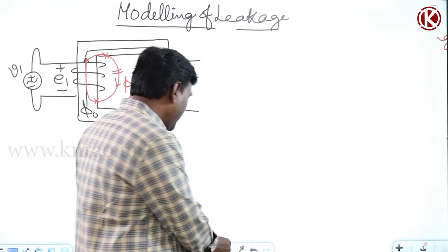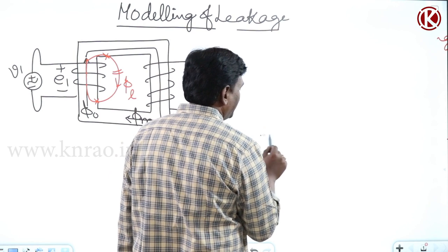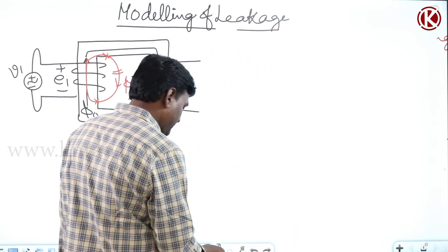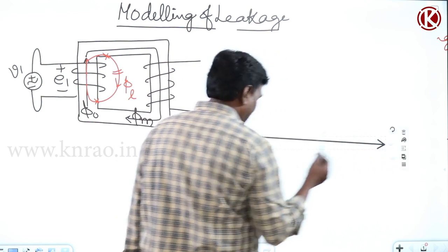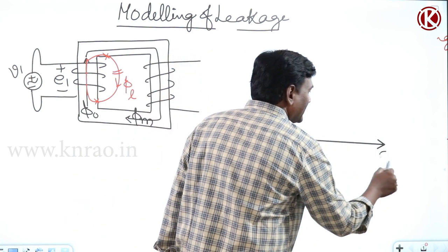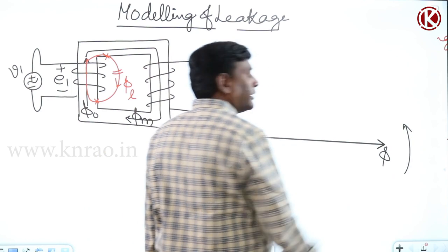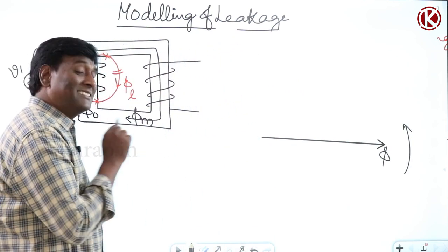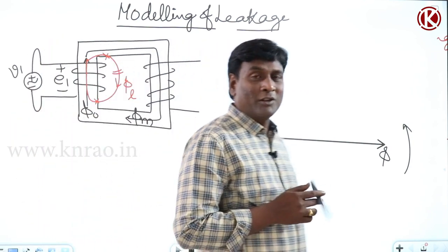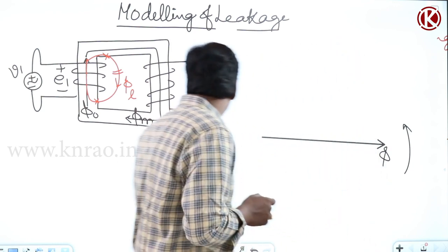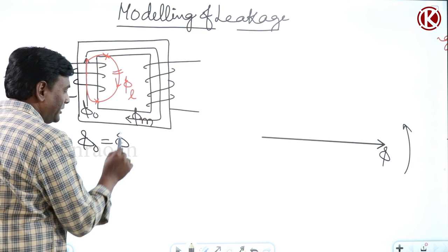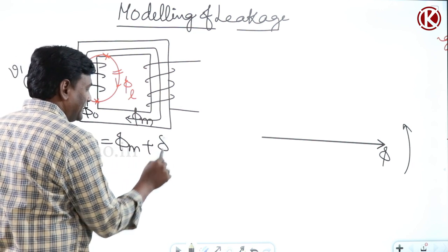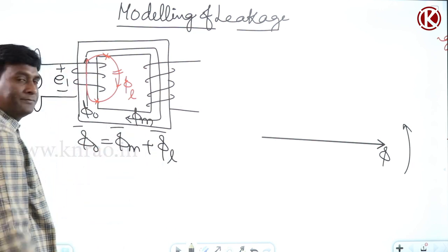Now if I start the phasor diagram, first of all flux should be written. Let me think of this as flux, and now, what is that flux? Is it mutual flux or leakage flux or total flux? Basically, total flux is going to be mutual flux plus leakage flux, phasor addition.